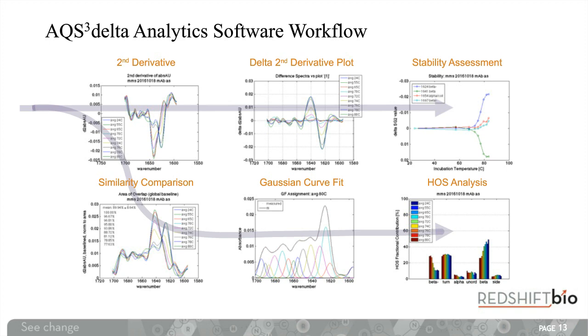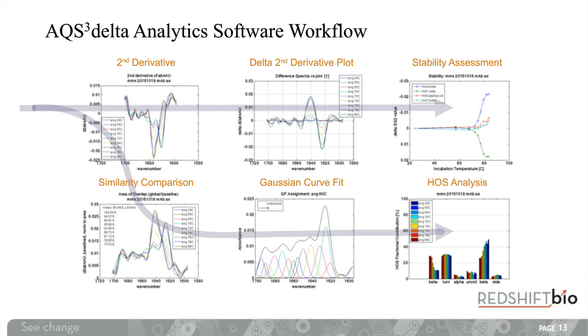I've already talked to you about the Gaussian peak fitting, shown in the bottom middle, and its transformation into a bar chart, which very simply outputs the amounts of each secondary structure you have present in your sample in percentage form. And there's also one other very useful output, particularly useful for very large data sets and comparisons within them.